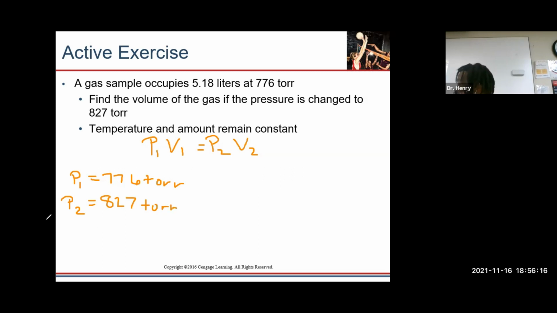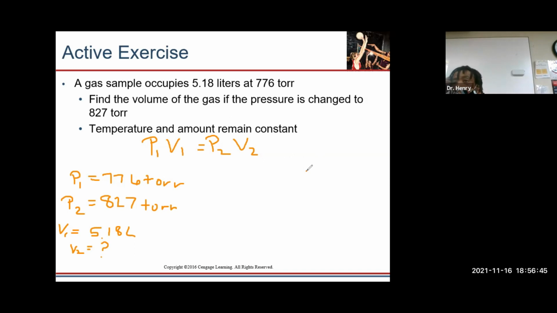So what is my V1? 5.18 liters. Okay, so then I'm missing what? My V2. So I need to solve for my V2.